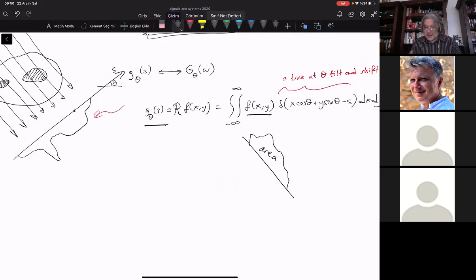But the relation between, let me first denote it. This f of x and y will have a Fourier transform, which is capital F of omega 1, omega 2.